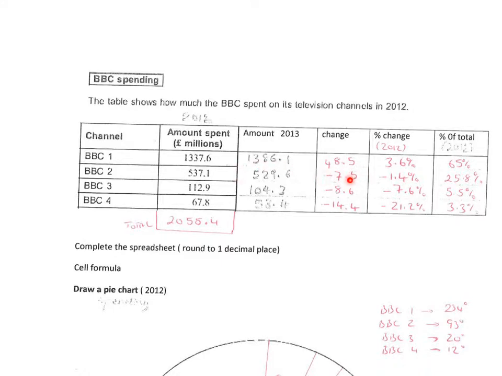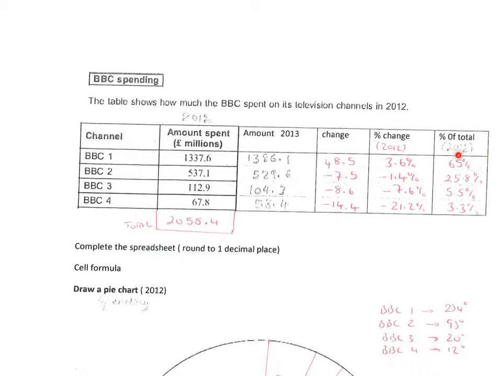The change divided by this times by 100. Change divided by that times by 100, I'm rounding off to 1 decimal place, or whatever they ask you to do in the exam. If the change is negative, the percentage is written as a negative as well.